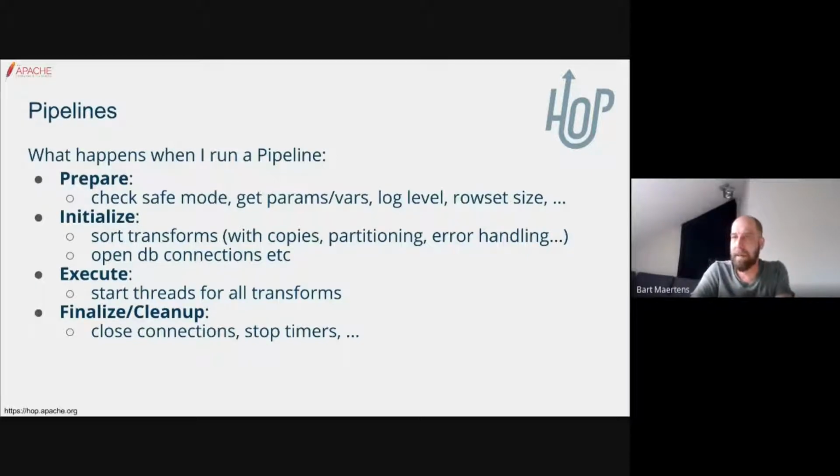The steps that a pipeline goes through when you run it are, first of all, a preparation phase where the engine checks if you're running in safe mode, gets the parameters and the variables that are needed to run your pipeline, checks and sets the correct logging level, fetches the row set size that is specified especially in the local runtime run configuration or in your Beam engines.